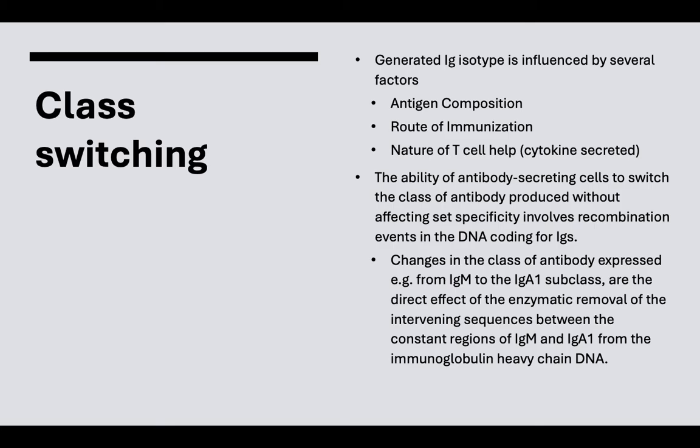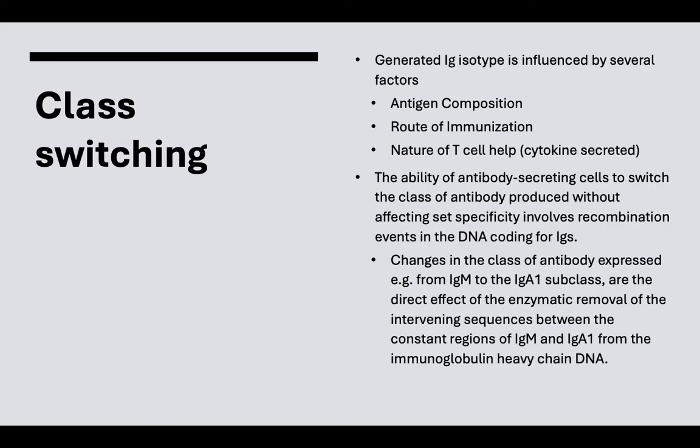Specifically, the antigen composition, the route of immunization, and the nature of cytokines that are present within the locality of the germinal center where the plasma cell is differentiating. And the ability of antibody secreting cells to switch the class of antibody being produced without affecting its specificity will involve recombination events in the DNA coding for the immunoglobulins.